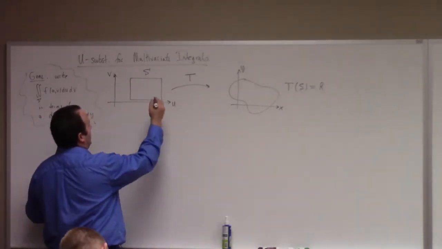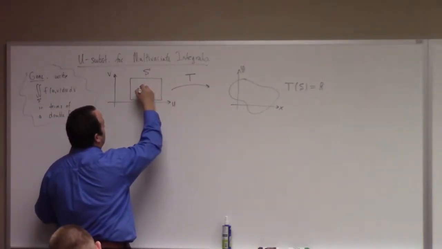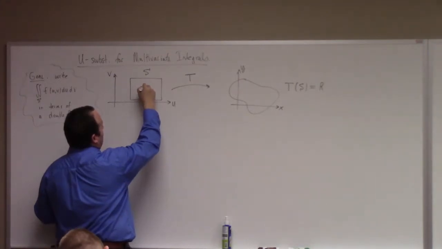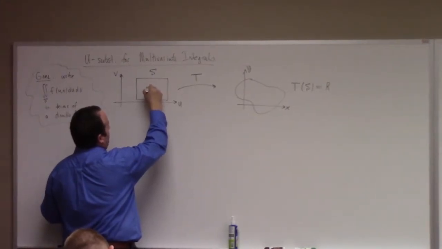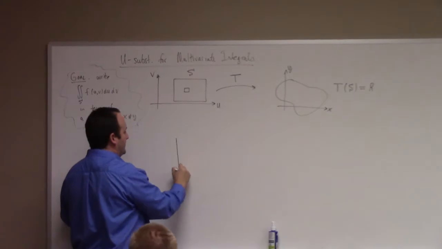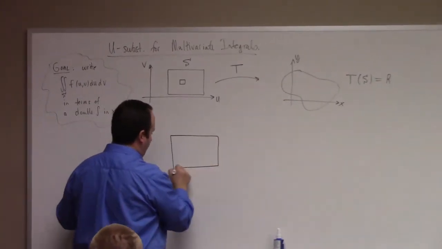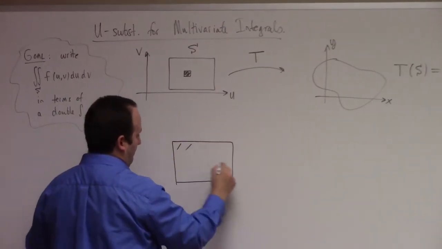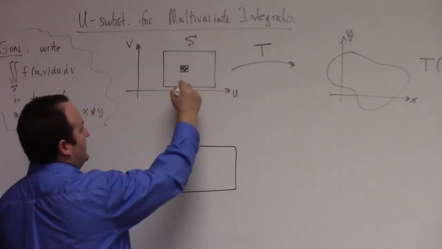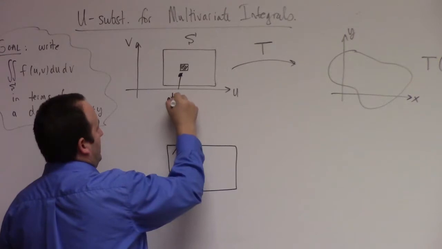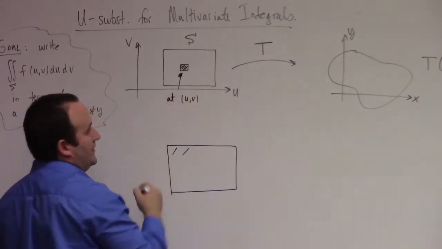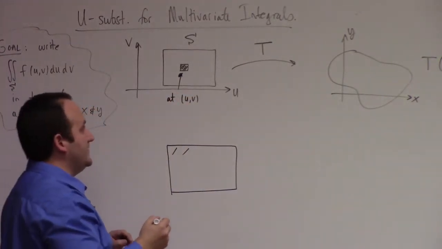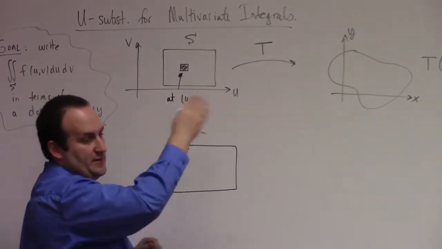So what you can think about is just a little rectangle, and I'm going to make that little rectangle bigger down here. So that same one, and this will be at, let's say, (u, v). Now what happens to a little rectangle under the transformation T?